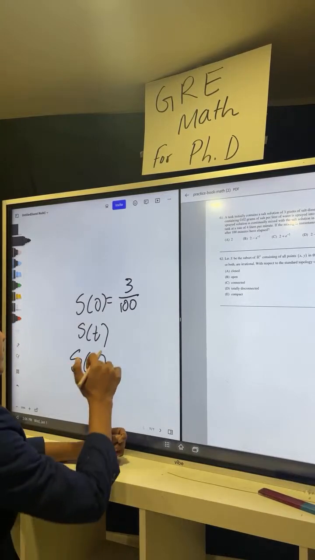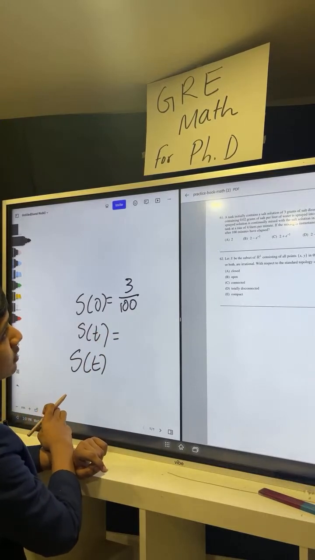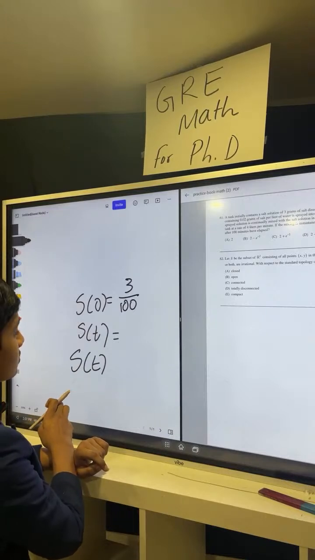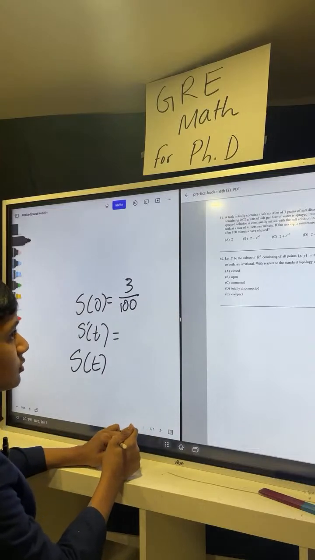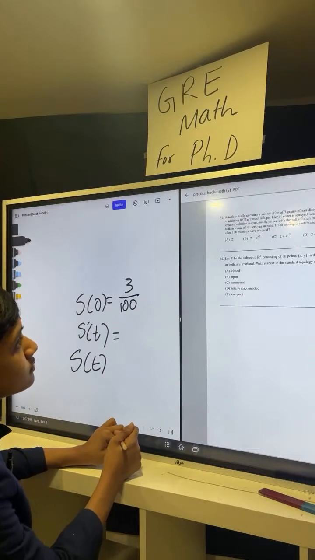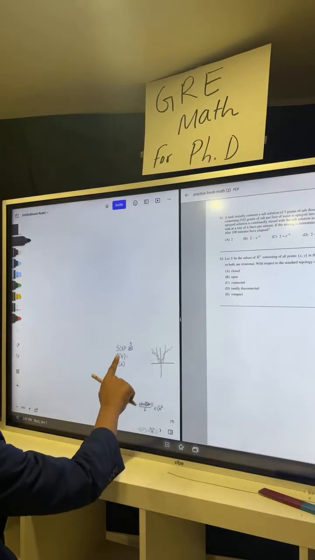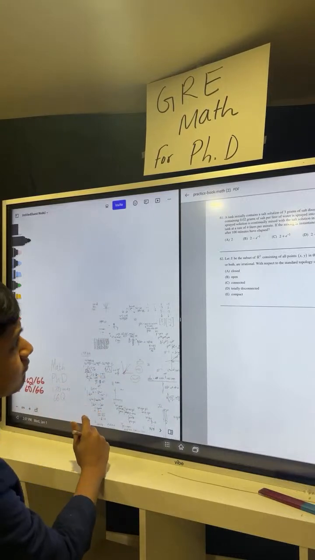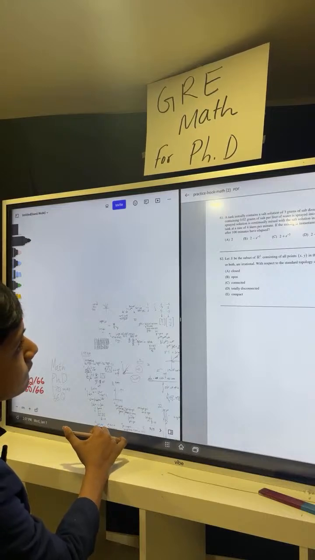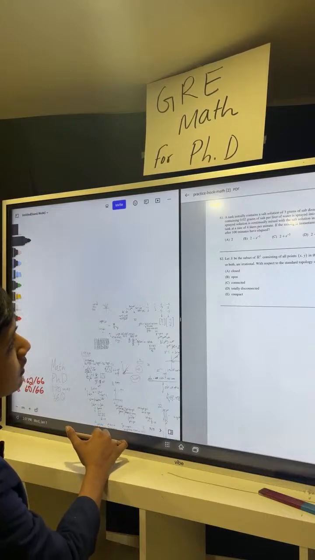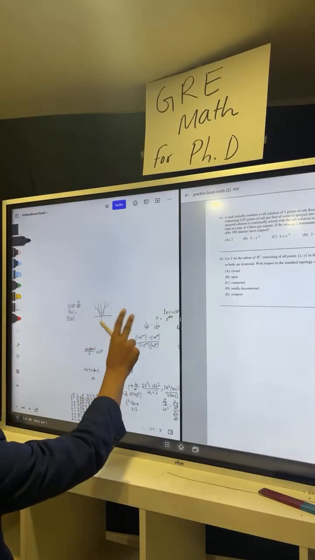I'm feeling dumb right now. So we have S of t, S prime of t is equal to what? That's fine, I'll just go. Yeah, I think I'll go C. Honestly, this is just guesswork at this point.